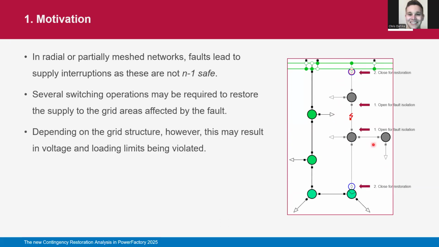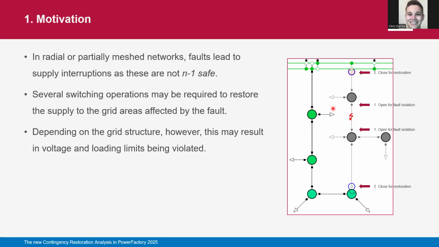In that case, the fault first has to be isolated, and then the resupply from both sides has to be done so that the customers are supplied again. These switching operations depend entirely on the grid structure and the location of the fault, so in most cases it's not possible to have a predefined switching scenario beforehand.